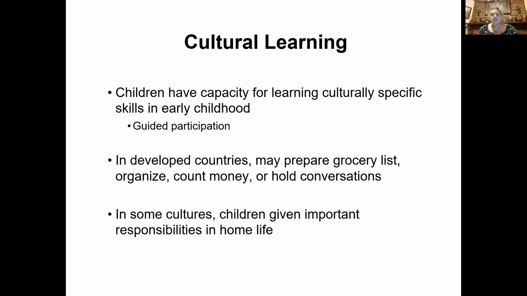In some cultures, children are given important responsibilities in home life, and I already mentioned that. Things like tending animals, helping with cooking, tending to younger children. And even in developed countries, sometimes children at this age can be helping to watch younger siblings and help with certain items around the house. A lot of the cultural learning in developed countries is going on within the schools as well.